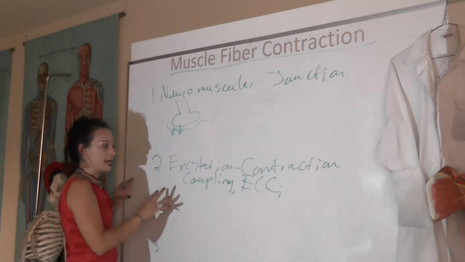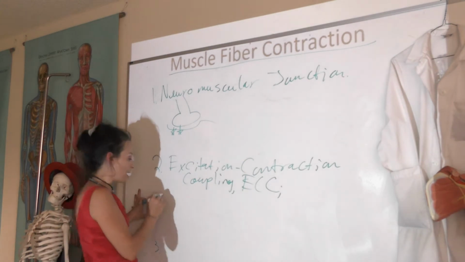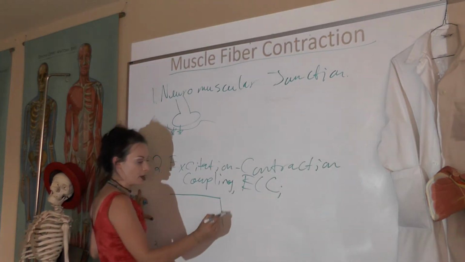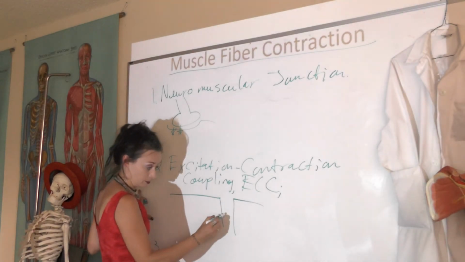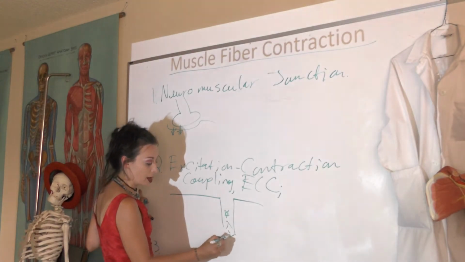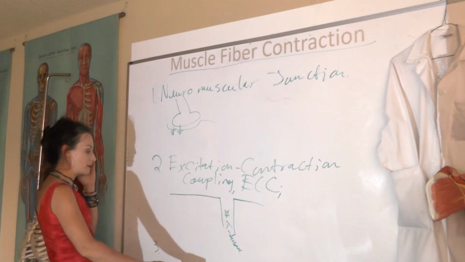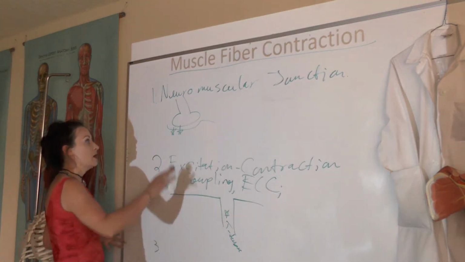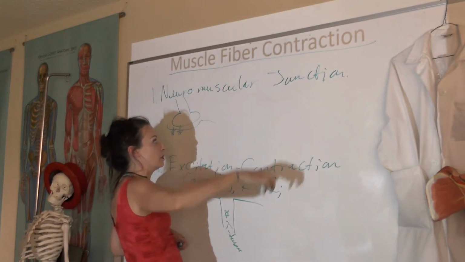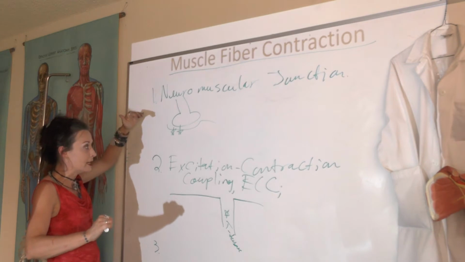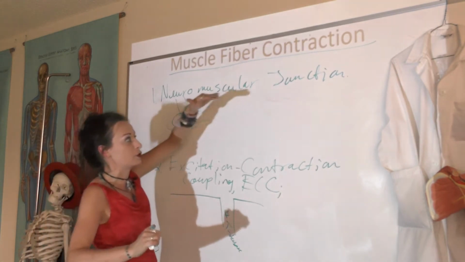And then now in excitation-contraction coupling, the structures that are involved are the sarcolemma and the what? T-tubules, right? So these are going to be able to conduct action potentials deep into the muscle fiber around the myofibrils. So for muscle fiber contraction to occur, the first anatomical location is the neuromuscular junction.